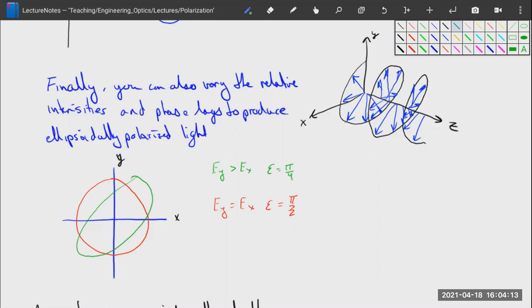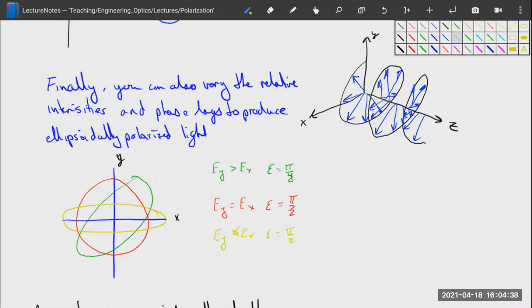Actually, that's wrong. That's pi over 2 still. And then finally, we can have elliptically polarized light in the other direction, which would be something like this, right? But in that case, it's just the opposite of the green one. EY is less than EX, and epsilon is equal to pi over 2.